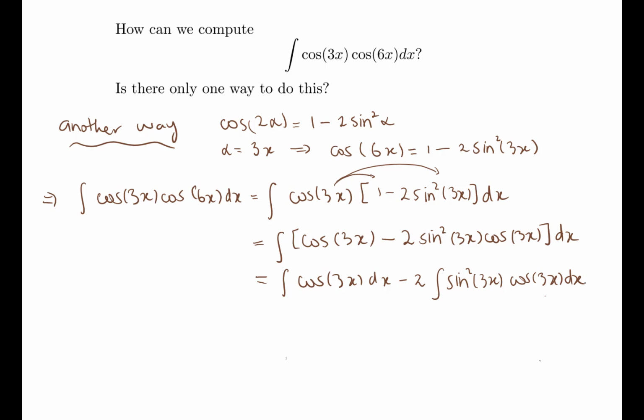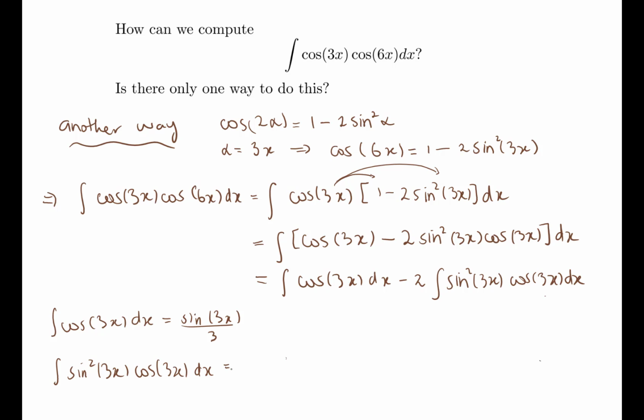Now to find the integral of cosine of 3x, we use substitution the same way we did before, and we find the sine of 3x over 3. So that part works the same way it did before. Now to find the integral of sine squared of 3x times cosine of 3x, we can use substitution again, but this time the substitution will be different.